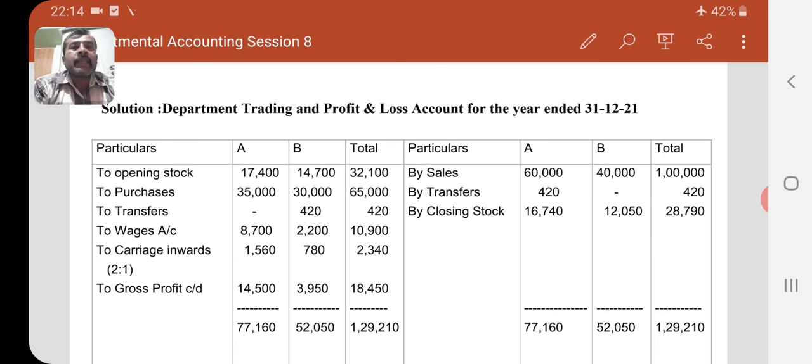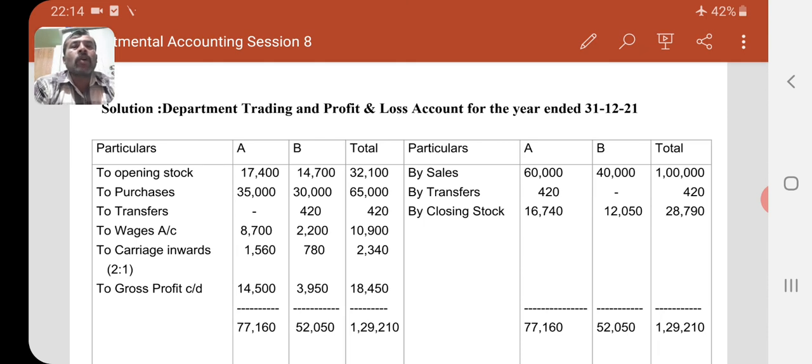By considering this information, we are going to tally the trading account to ascertain either gross profit or gross loss. But in this problem, gross profit is going to be ascertained. Here the credit column total is more than the debit column total. That total is going to be put in both the columns.